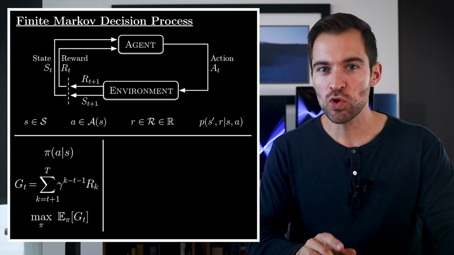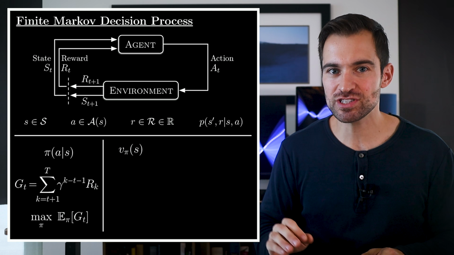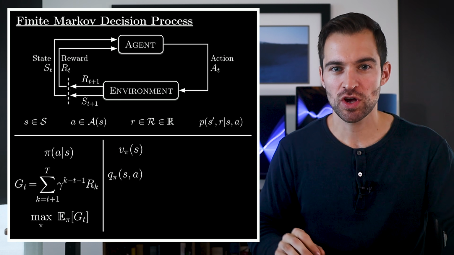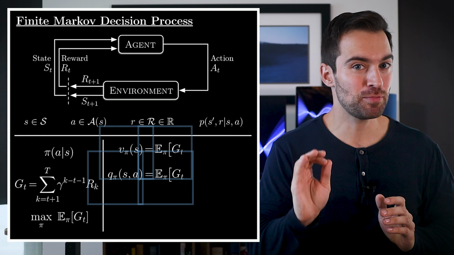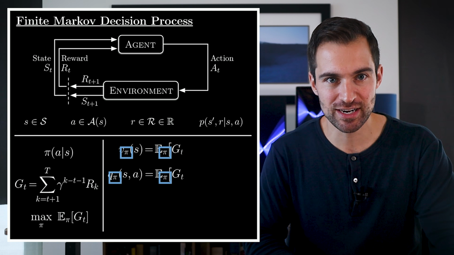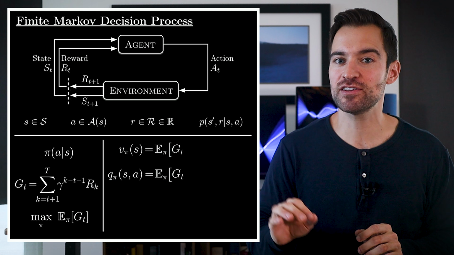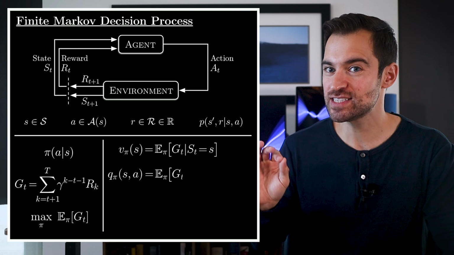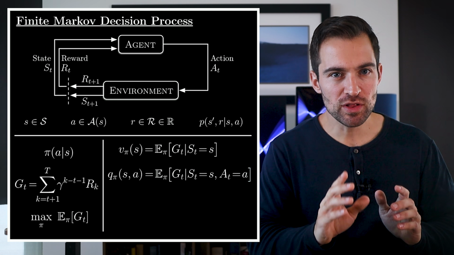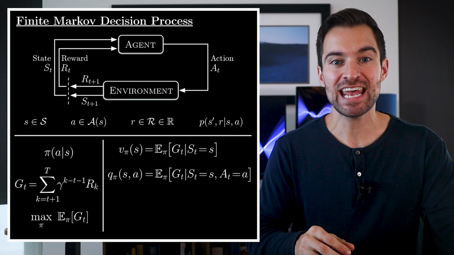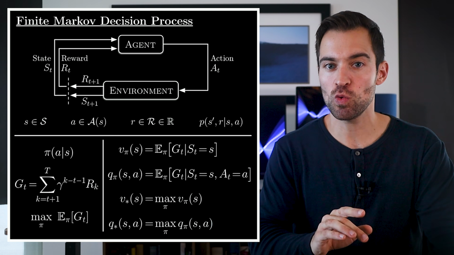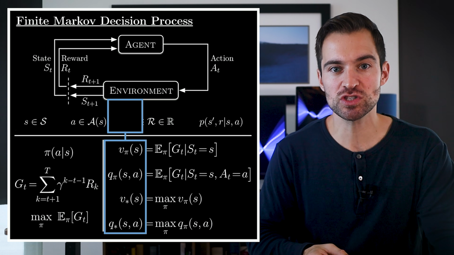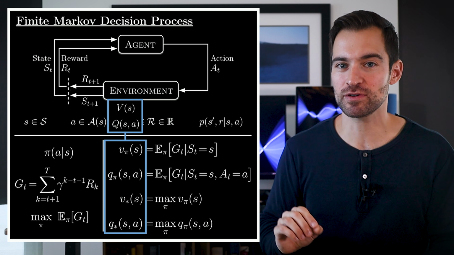To achieve that goal, we consider state value functions and action value functions, which are the expected value of G_T, assuming the policy pi determines the subsequent actions, and given a particular state or state-action pair. We learned how we can find the optimal policy if we can find the optimum of these functions. Also, when we talk about our estimates of these functions, we will be using these capital letters.